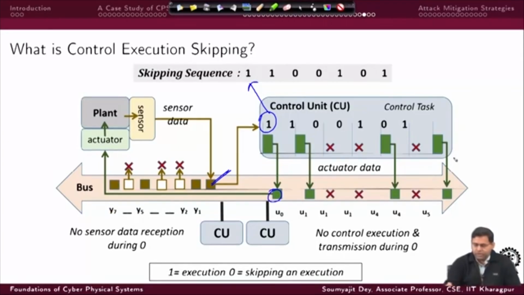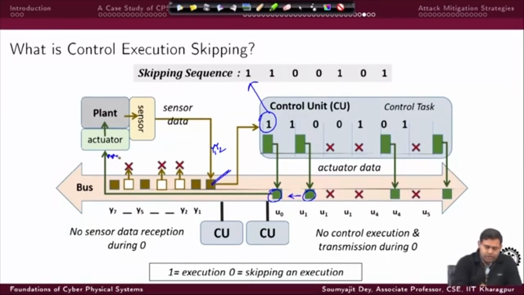So, this is the control unit, and this is your plant actuator sensor system. The sensor senses this value. Let us say this is y1, and accordingly the controller sends a1, because y1 has been used, this packet has been consumed, and there has been computation and an update here. And then there has been y2, and accordingly this has also been computed and sent.